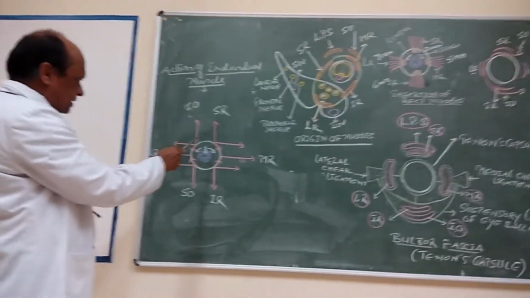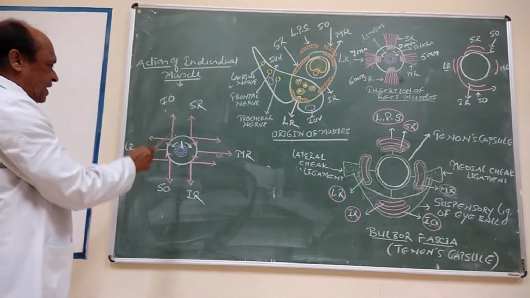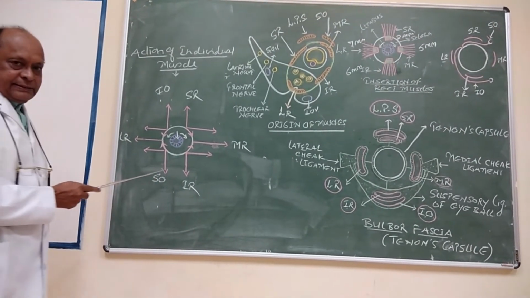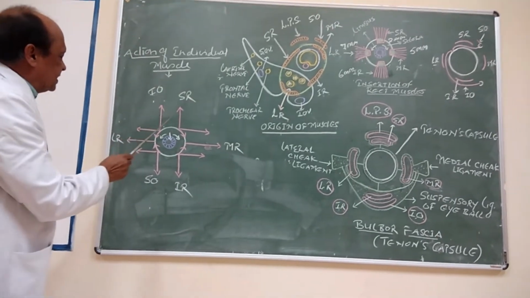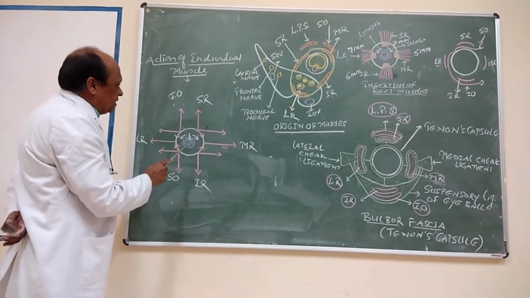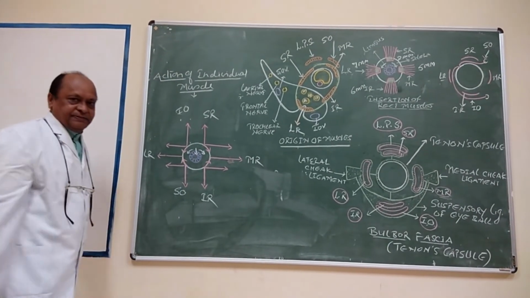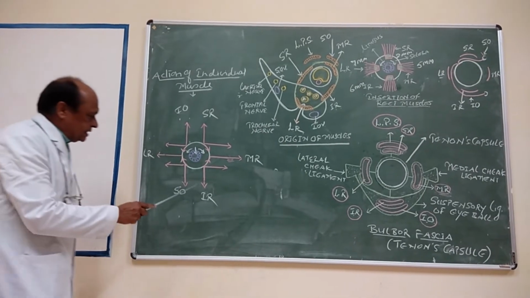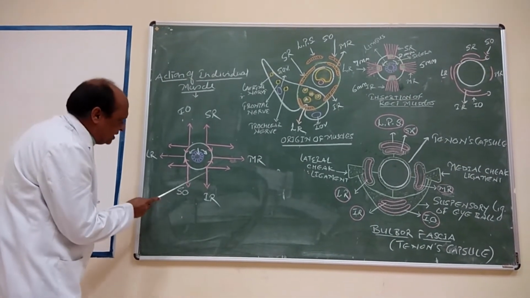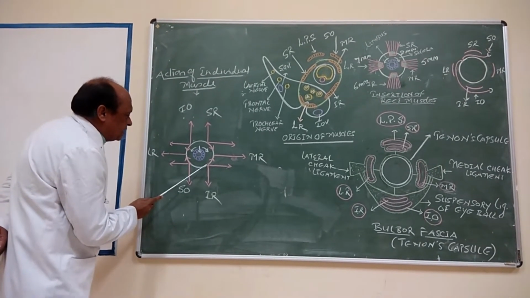Superior rectus elevates: upward rotation, medial rotation and in-turn. Whereas the inferior rectus is responsible for downwards rotation, medial rotation and out-turn.